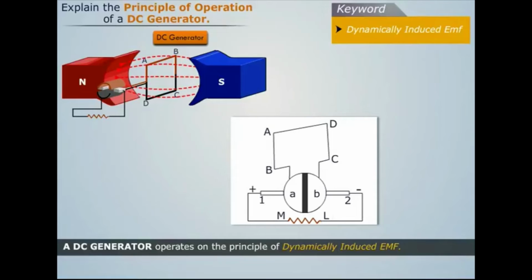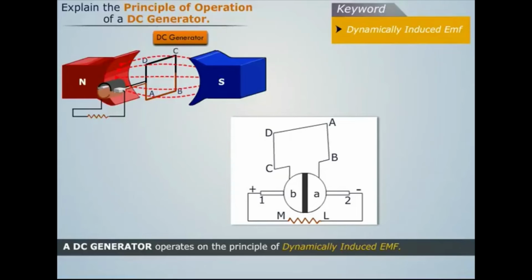Now, after half revolution, direction of the induced current in the coil reverses and it begins to flow along DCBA. Also, position of the segments A and B gets reversed and brush 1 comes in contact with segment B, which now acts as the positive supply.